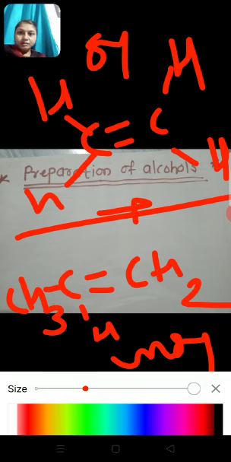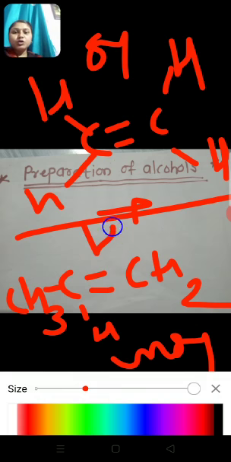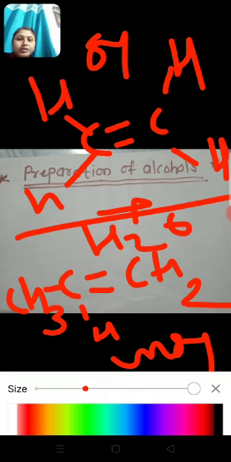Here H2O is also an unsymmetrical reagent, because H plus and OH minus ions are formed. When an unsymmetrical reagent is added to an unsymmetrical alkene, then the negative part of the reagent gets attached to that carbon atom which carries a lesser number of hydrogen atoms.